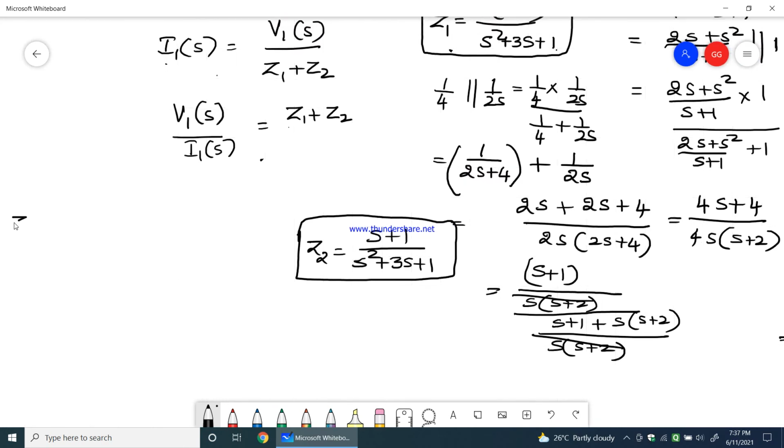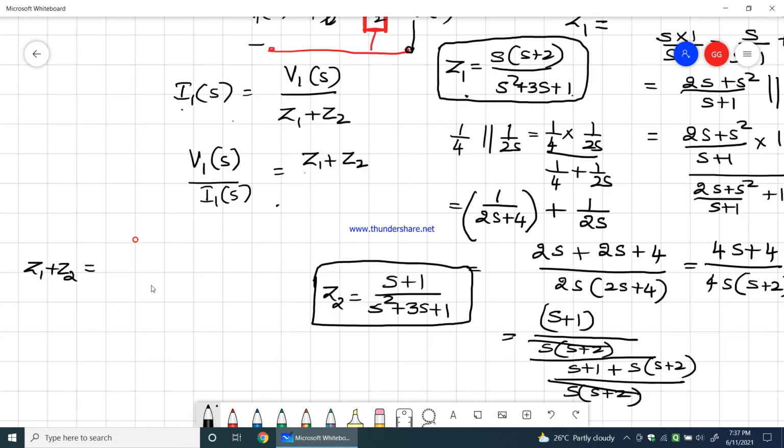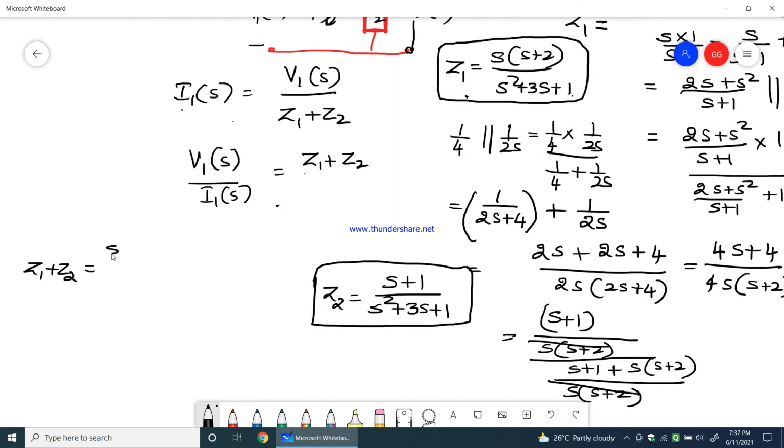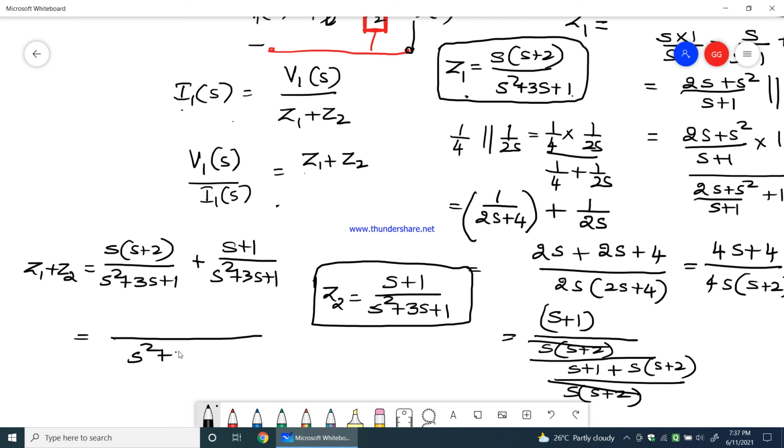So z1 plus z2 would be equal to, what is z1? It is s into s plus 2 divided by s square plus 3s plus 1, added with s plus 1 divided by s square plus 3s plus 1. Both have s square plus 3s plus 1, therefore I'll take that as LCM. So s into s plus 2 is s square plus 2s plus s plus 1.